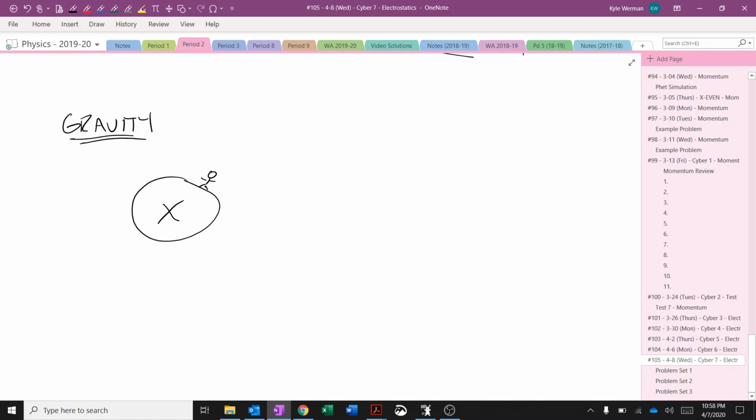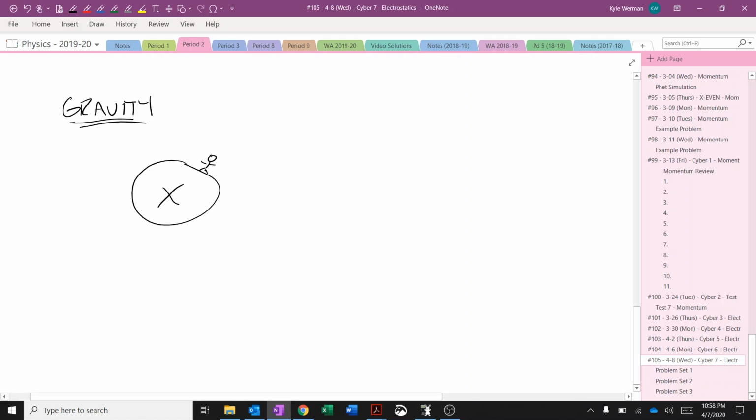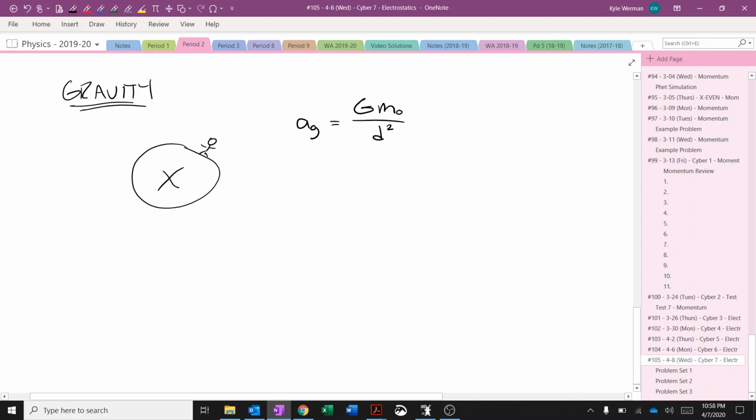And so, we learned initially how to calculate the acceleration due to gravity on any planet, and that would be big G times the mass of the object, in this case planet X, over the distance to the center of that object squared, which would be its radius. And that's how we found the acceleration due to gravity in newtons per kilogram or meters per second squared.